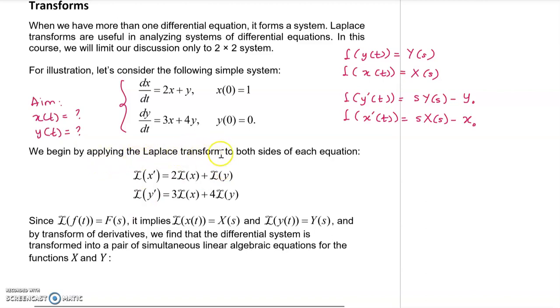All right, so we begin by applying the Laplace transform. This is basically your first step, applying the Laplace transform to both sides of each equation. So we just put the Laplace notation on both sides of each equation.